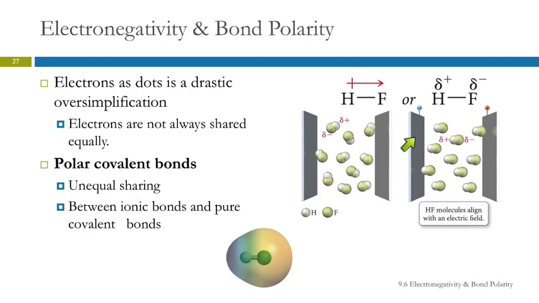If we apply a voltage across, this one's positive, this one's negative. The positive end of the molecules will be attracted to the negative side, the negative end to the positive side. And so this can be observed. You can get the molecules to all line up if you put a charge on the plates. So that's what a polar compound will do.